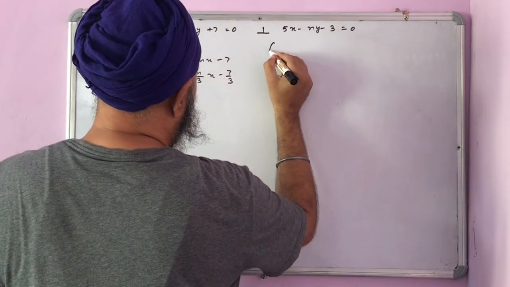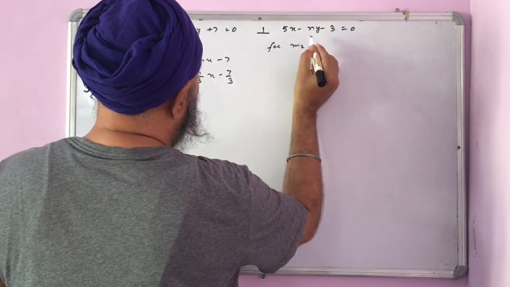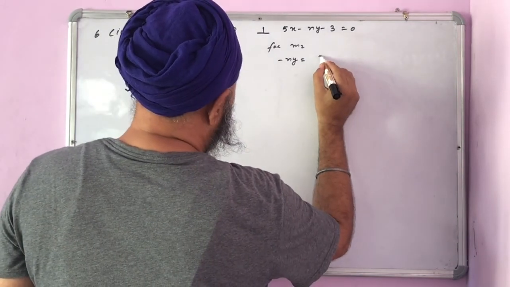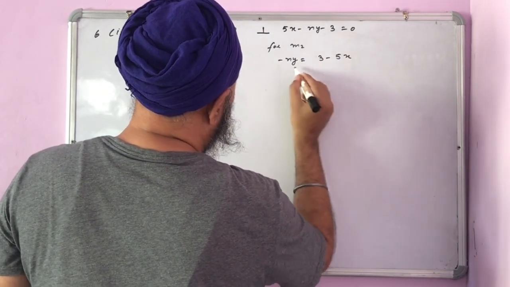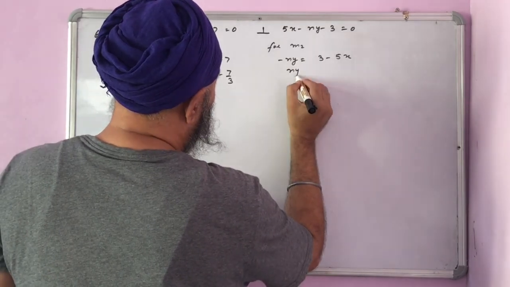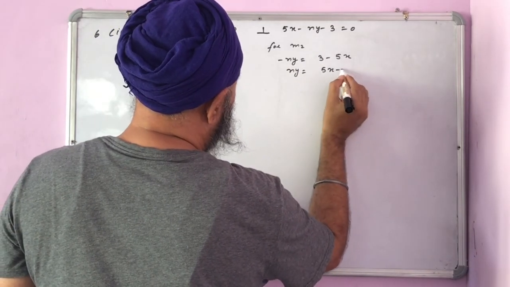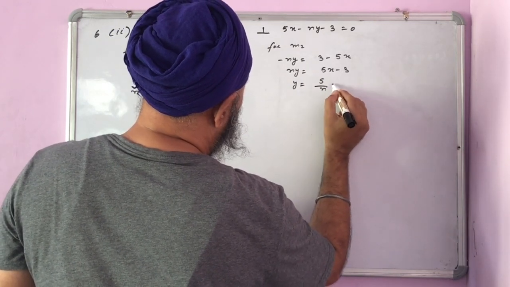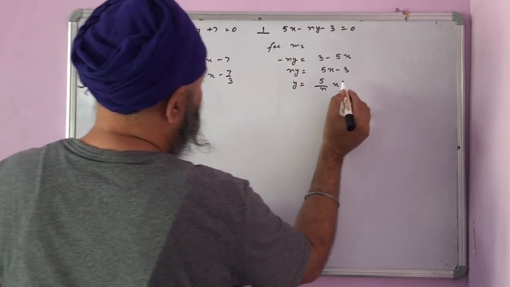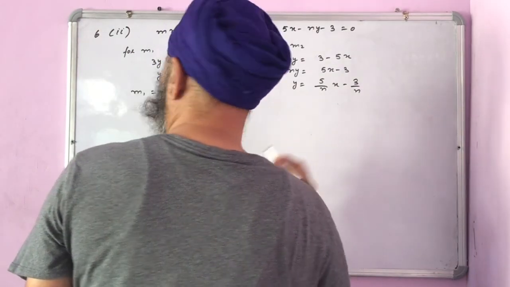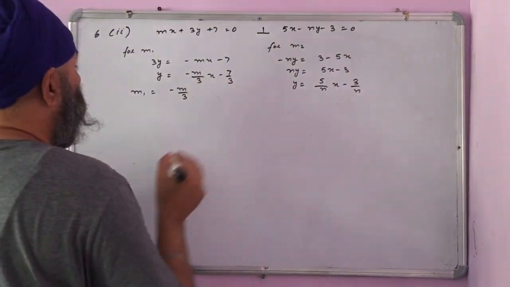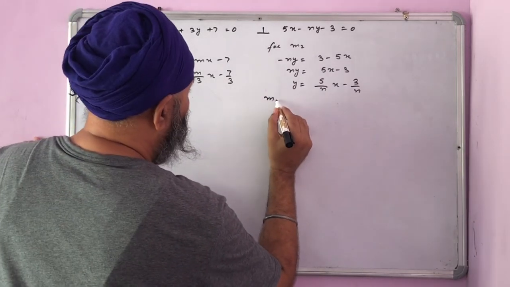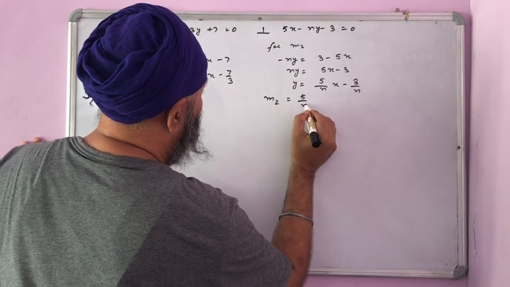Here for m2 slope, then minus ny is equal to 3 minus 5x, or I take minus there, ny is 5x minus 3. y is 5 upon n x, n will get divided, minus 3 upon n. So m2 is 5 upon n.